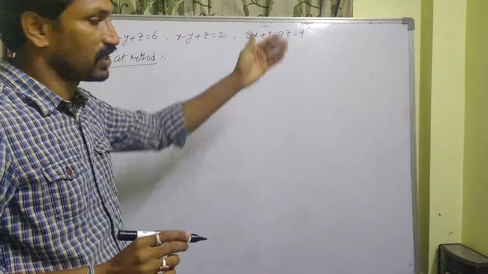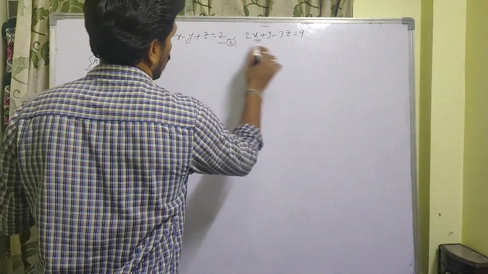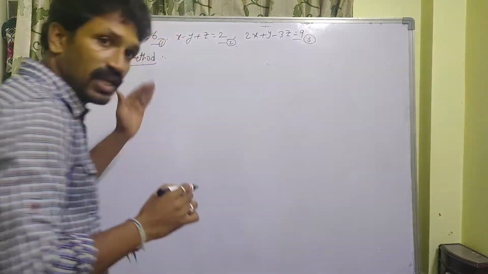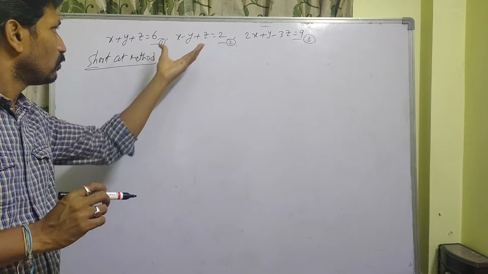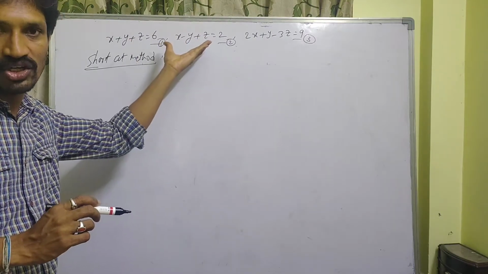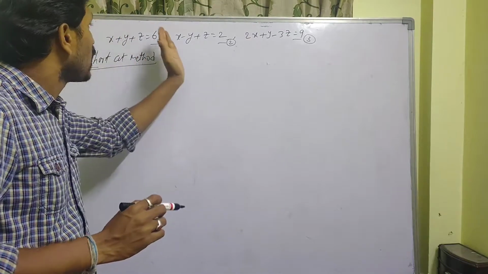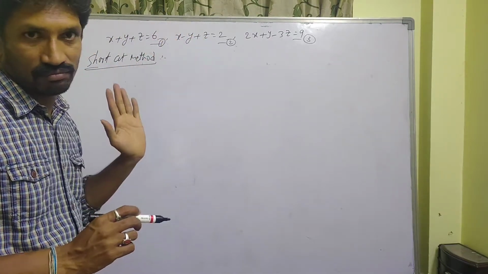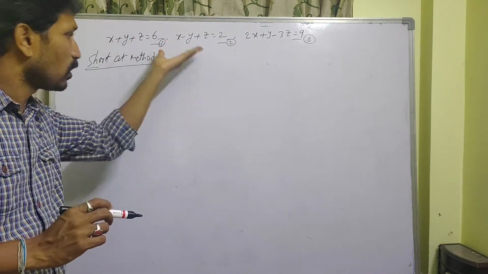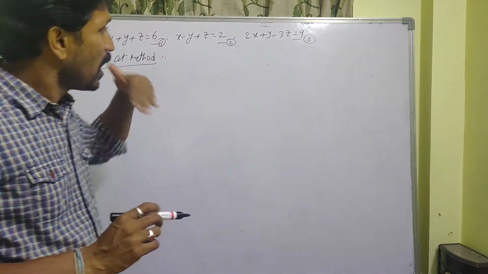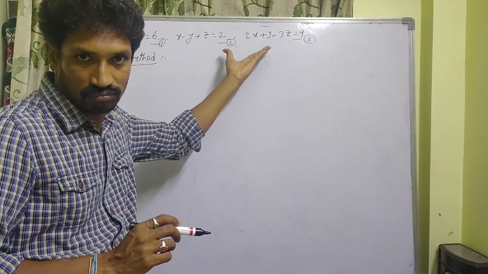The same equations from yesterday I have considered here. Take this as the first equation, second equation, third equation. In the shortcut method, what we have to do is take any combination, a 1, 2 combination. If you take the 1, 2 combination, eliminate either x or y or z. If you eliminate x from 1, 2, again we have to eliminate the same x from 2, 3.